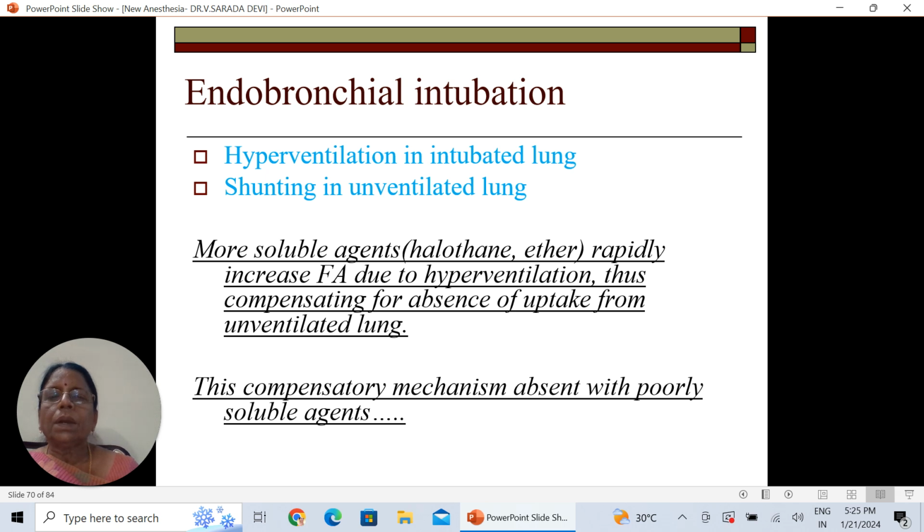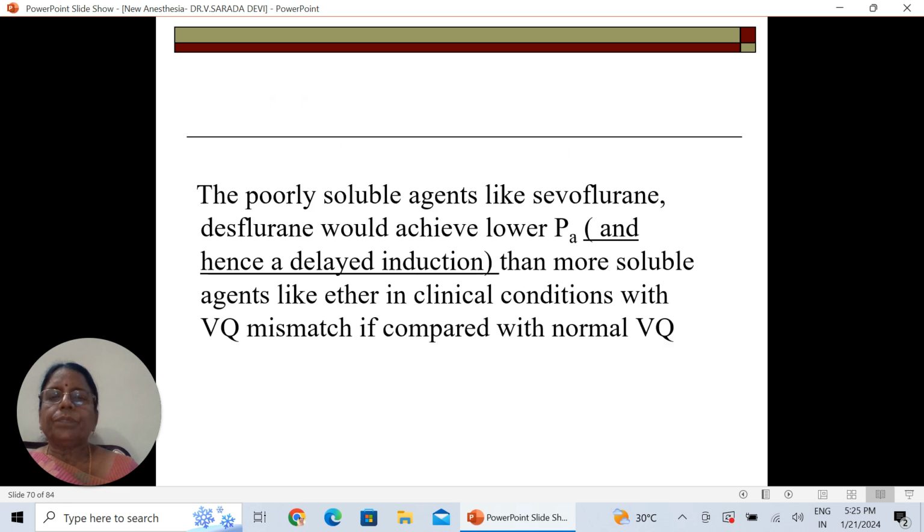This compensatory mechanism is absent with poorly soluble agents. The poorly soluble agents like sevoflurane and desflurane would achieve lower concentration and hence delayed induction than more soluble agents like ether in clinical conditions with ventilation perfusion mismatch, compared with normal ventilation perfusion.